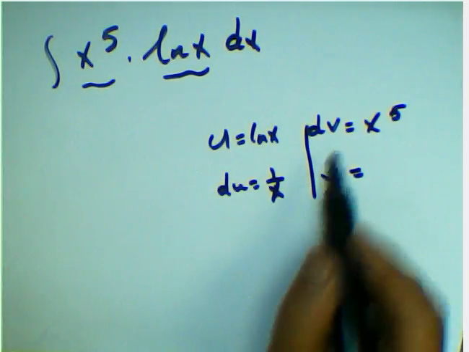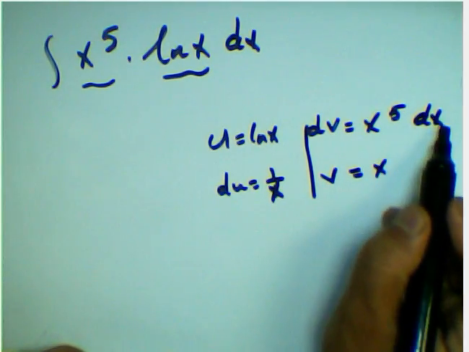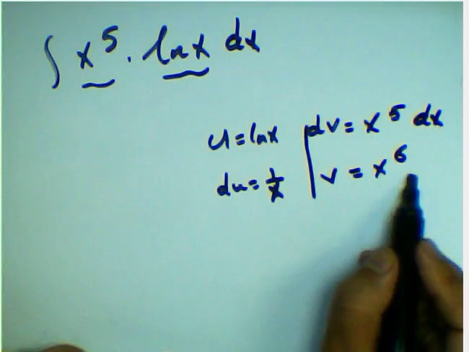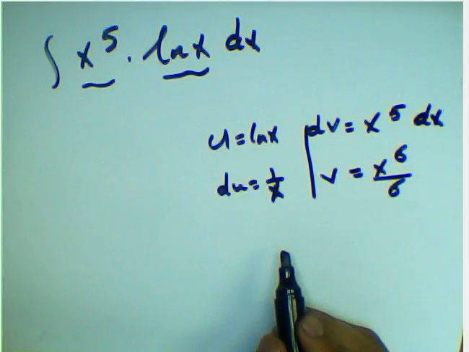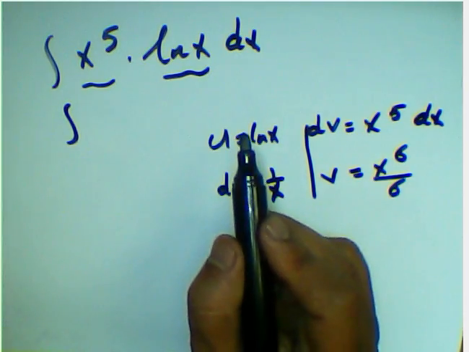So we can find the integration of this function: x power 6 over 6. Understood?